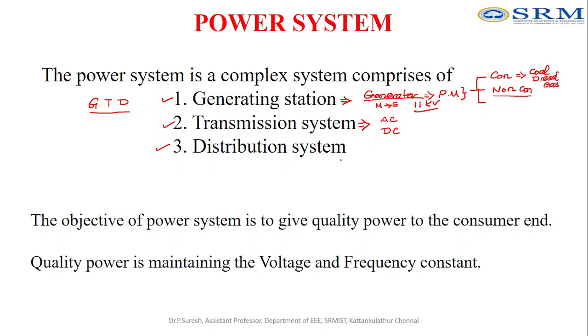The third one is called the distribution system. In the distribution system, the power is distributed among the consumers. We have different types of consumers, which can be classified as domestic consumers, industrial consumers, and commercial consumers.